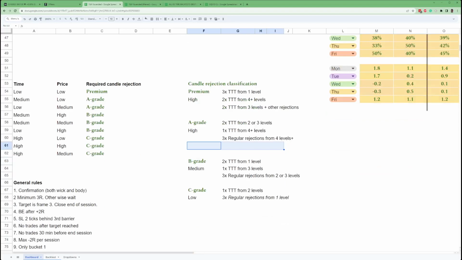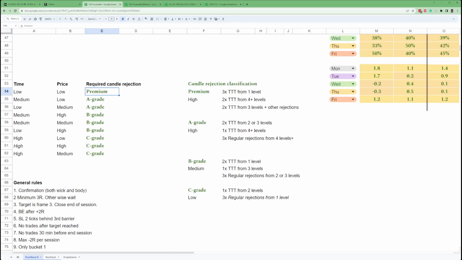And I also coupled it with, here we can see, the time times price behavior. So what kind of rejection you want to see with what kind of combination of time and price. When it's, for example, both low time and low price, we're looking for the best rejection possible, which is the premium.